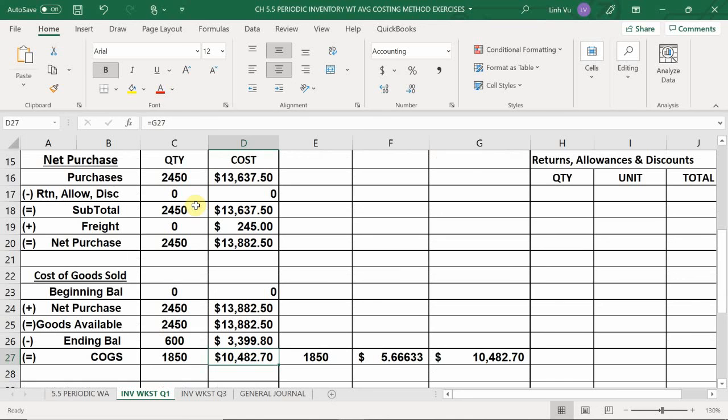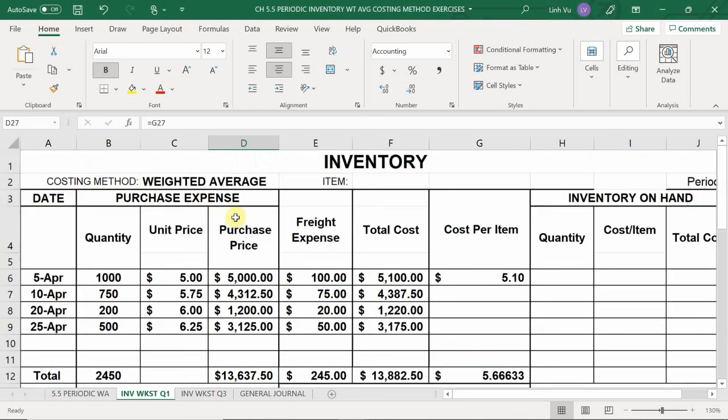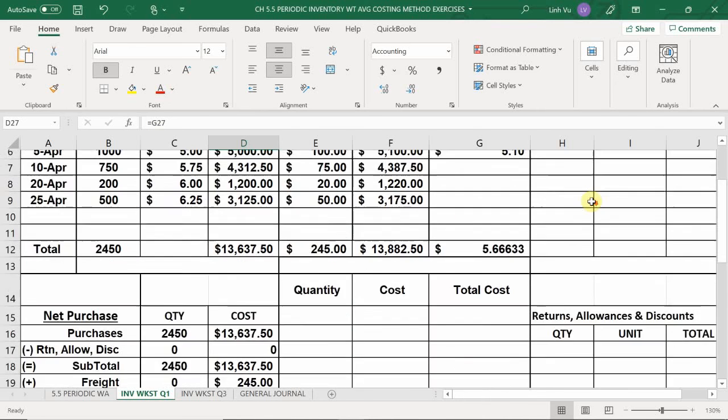In this case, if I have an opening balance or beginning balance, where do I put it at the top of the schedule? No, you do not put it up here. You would put it in inventory on hand. Yes, you would put it in inventory on hand, and that's the next example.